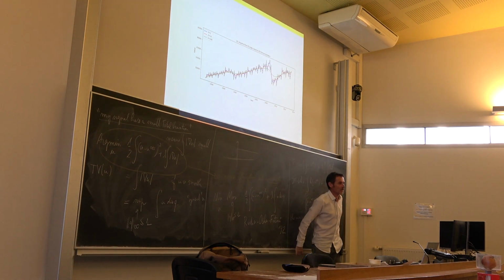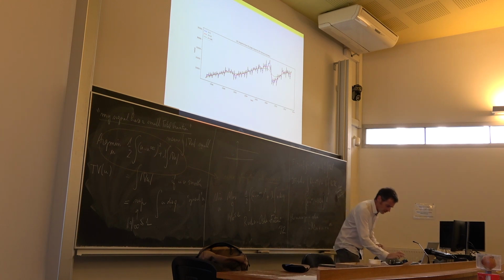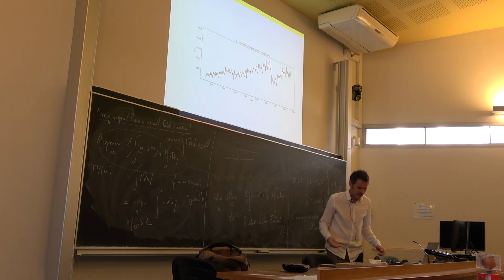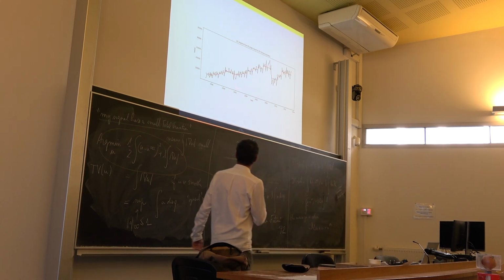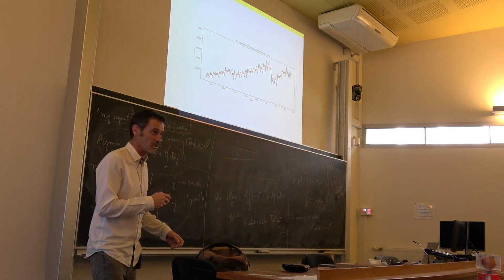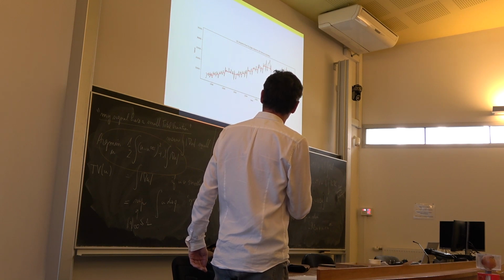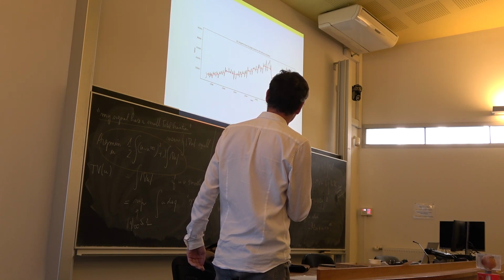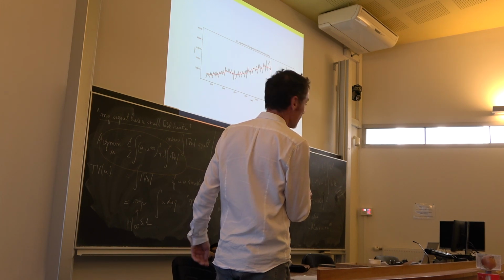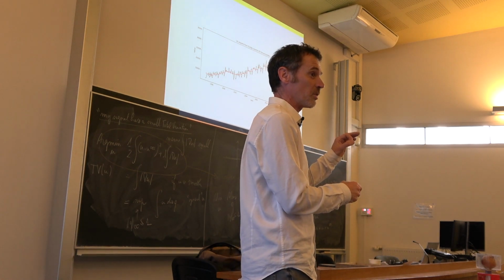It was proposed in the 90s. So here is what the Rudin-Osher-Fatemi model gives. I don't remember the value of lambda that I used, but here you see the denoised signal in red. What is nice is that my transition here is perfectly preserved.